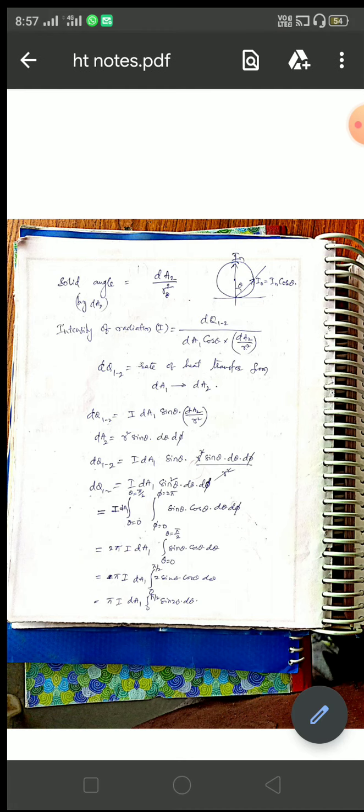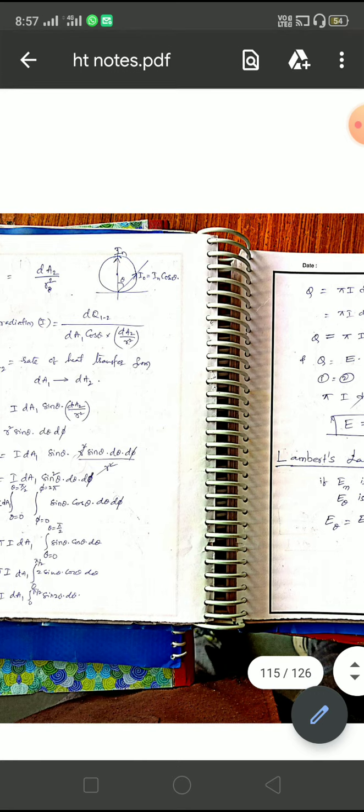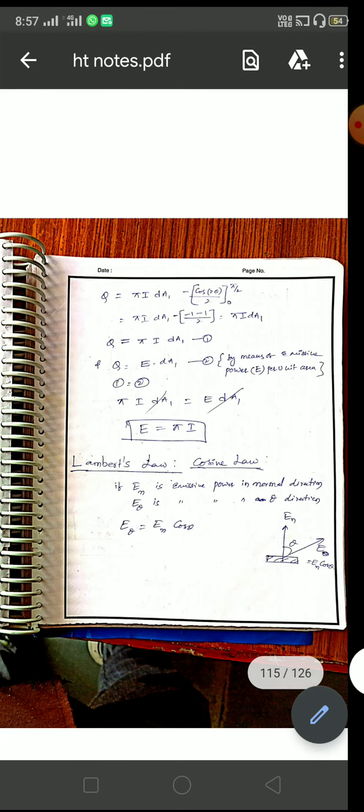Theta varies from 0 to pi by 2 and phi varies from 0 to 2 pi, and we get an important relation: emissive power is equal to pi times the intensity of radiation. Emissive power of a body is pi times intensity of radiation.